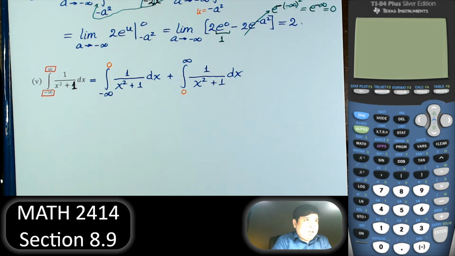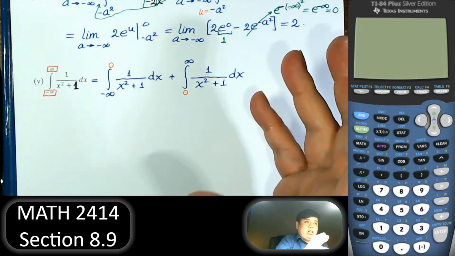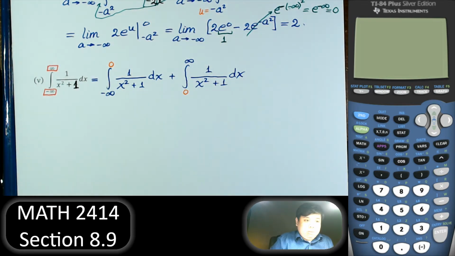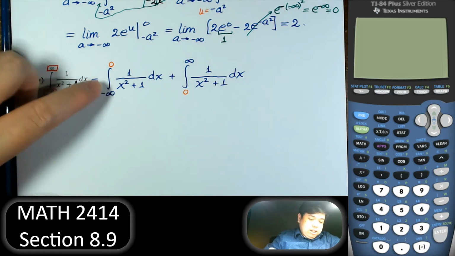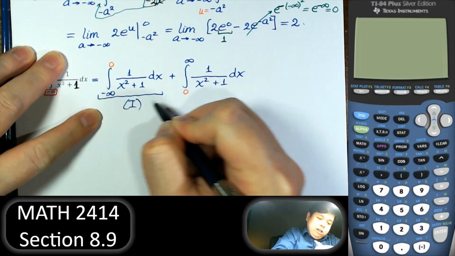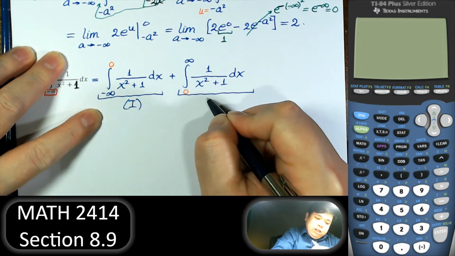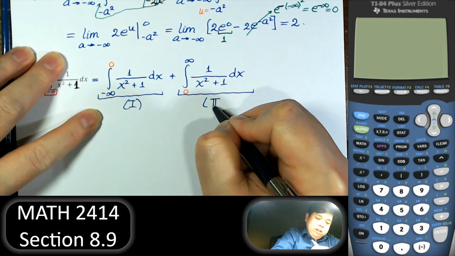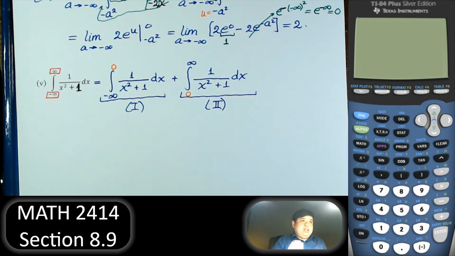So if it is both infinities, we have to split. We can only handle one infinity at either the top or negative infinity at the bottom. Right, now let's say this integral is integral number 1, and this integral is integral number 2. Just 1 and 2.